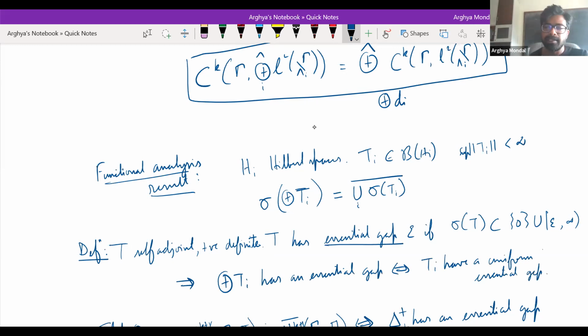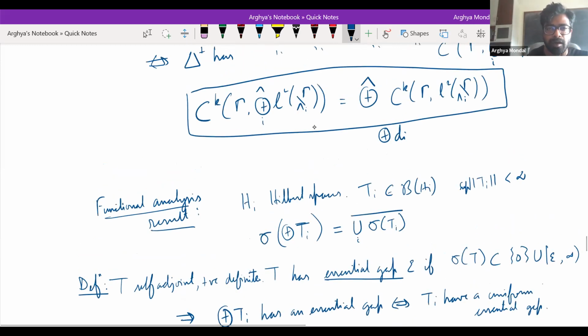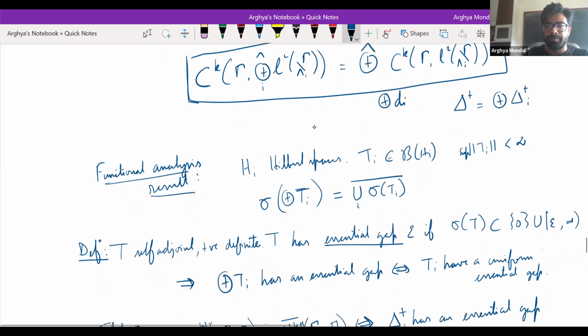Now you apply this result here, because you can show that delta plus on the right hand side is the direct sum of delta plus i. So that will do the job.